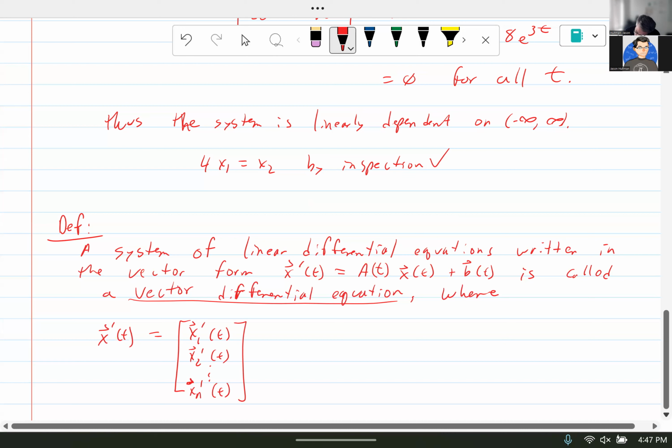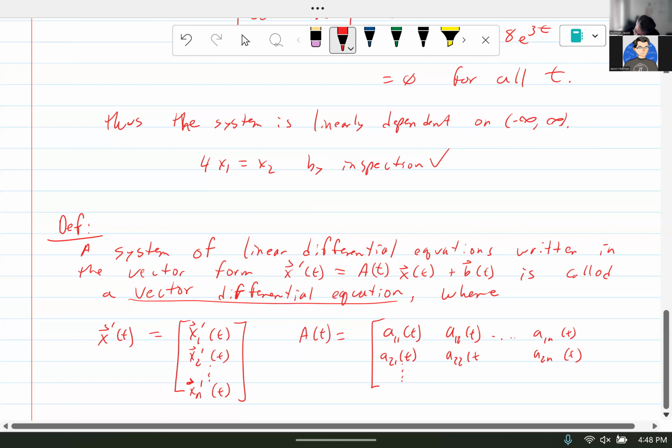A of t is equal to a11 of t, a12 of t, dot, dot, dot, to a1n of t. And then this goes a21 of t, a22 of t to a2n of t.